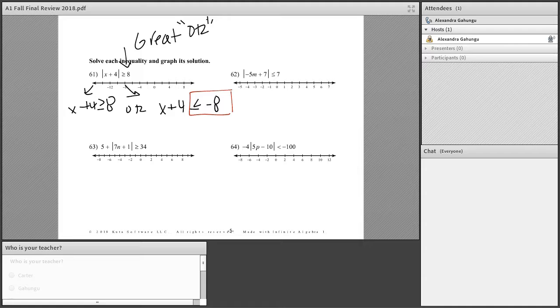And then we'll get x. So x is greater than or equal to 8 minus 4, sorry. So 4. Then we'll get x is less than or equal to -12. And it's or.